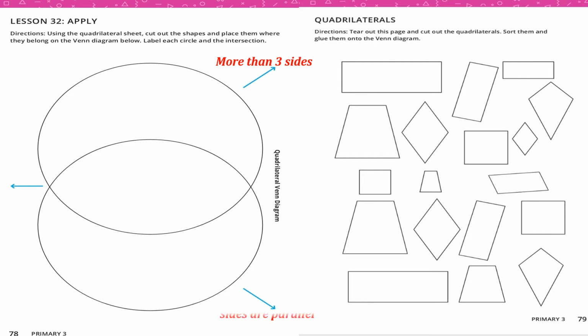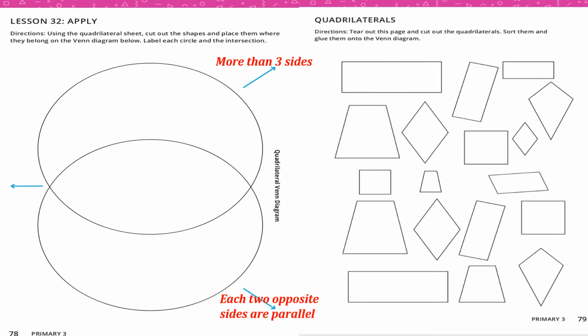In the next circle, we will put the shapes that have each two opposite sides parallel. Only the shapes with each two opposite sides parallel I can put here in the second circle. But focus with me. Between two circles, we have here an intersection area. This is called intersection.